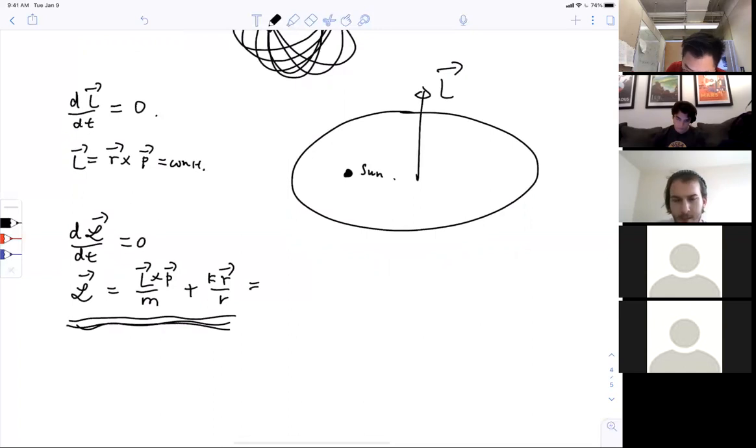We know this is a constant, independent of time, meaning it's independent of which point you are looking at on the orbit.